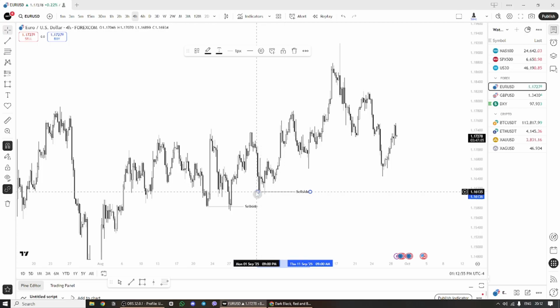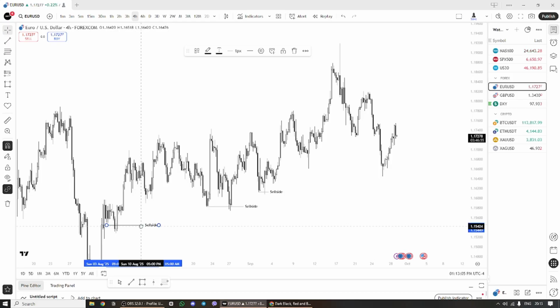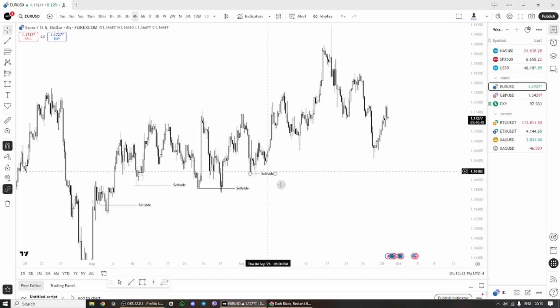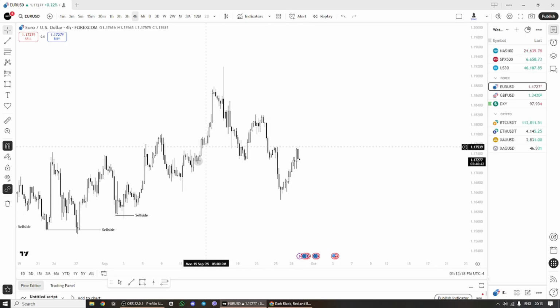So here was swept sell side liquidity in order to go up. This is a turtle soup. So right here on this low, also this low has liquidity. Every low has liquidity below it because there will be people longing it, or shorting if it's a high.